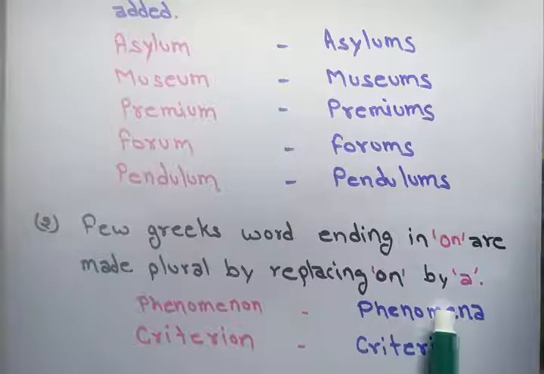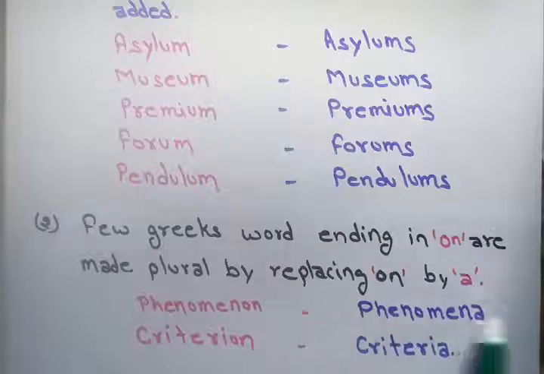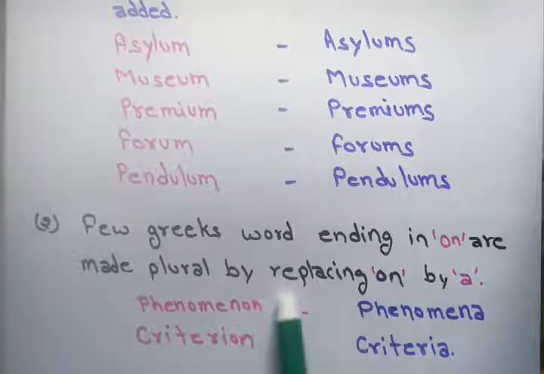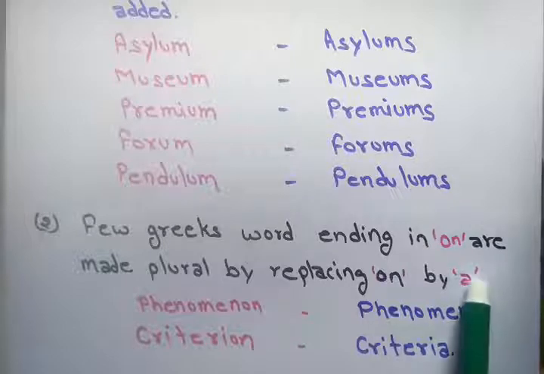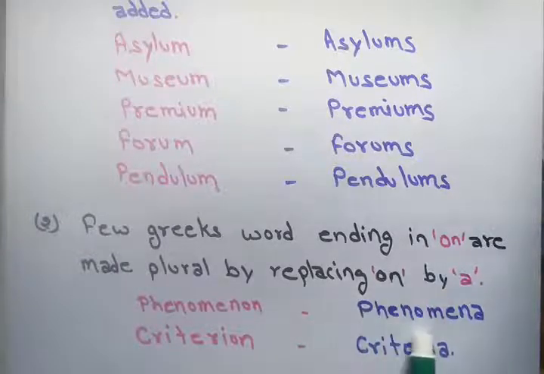Its plural form is phenomena. Criterion and criteria. So these are two Greek words ending in on and made plural by replacing on with a.